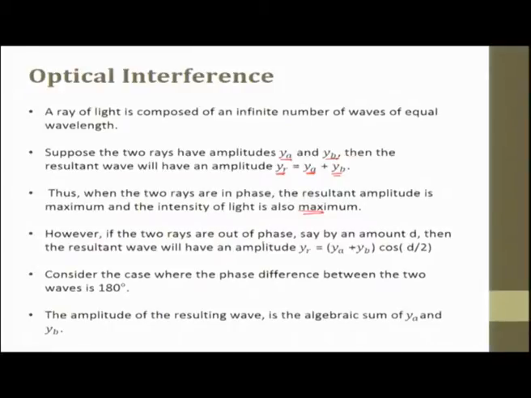However, if two rays are out of phase by an amount D, then the resultant is YR equal to YA plus YB into cos D by 2. Considering the case where the phase difference between the two is 180 degrees, the amplitude of the resultant wave is the algebraic sum of YA and YB.